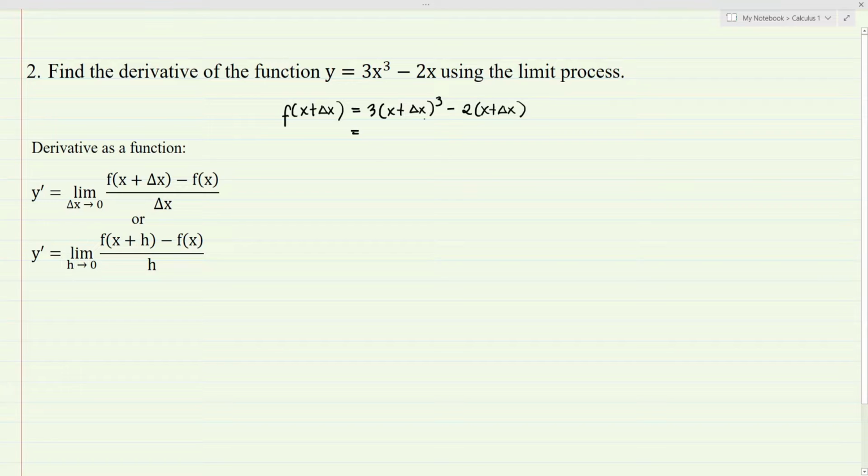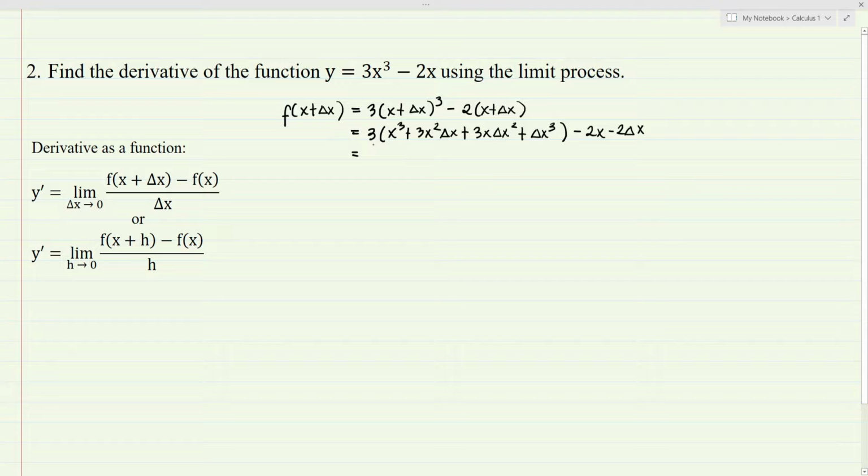Next, simplify this binomial here, and if we expand this one, I would have here x cubed plus 3x squared delta x plus 3x delta x squared plus delta x cubed.